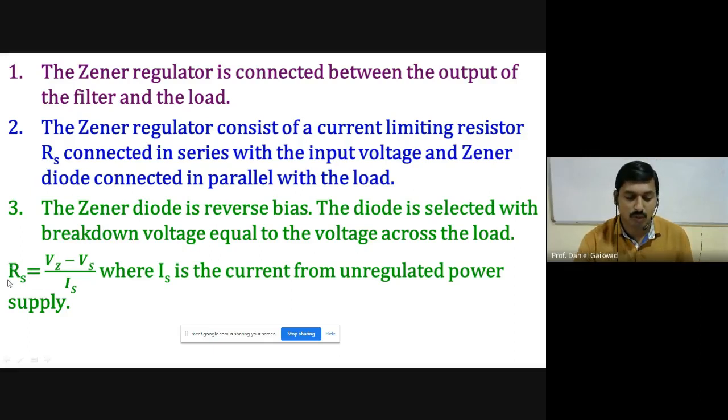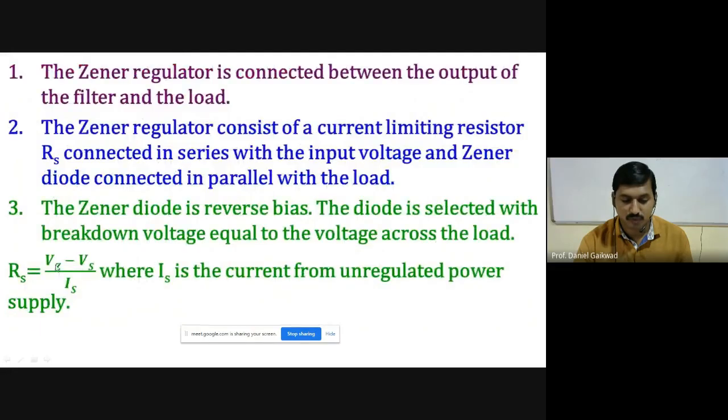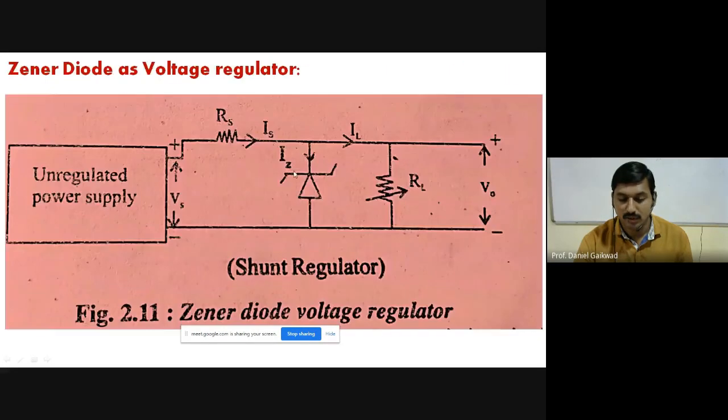Now we have a simple formula, Rs is equal to Vs minus Vz divided by Is. So this is the resistance Rs, and we can calculate Rs with Vz, meaning the voltage across the Zener diode, and here we have Vs, and the remaining voltage will be across the Rs.